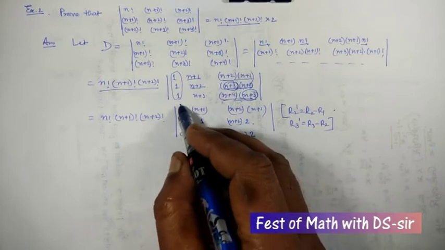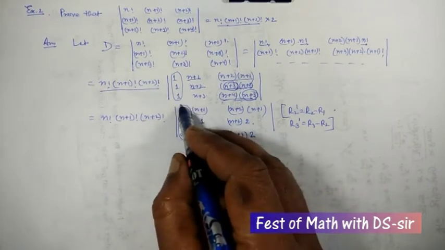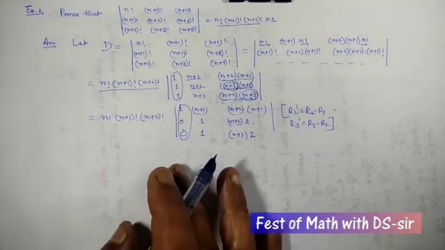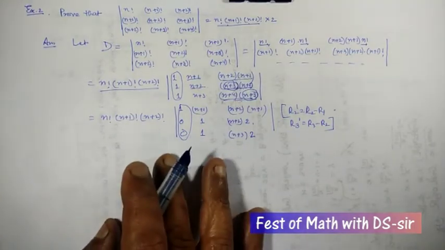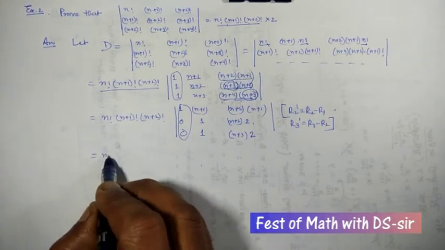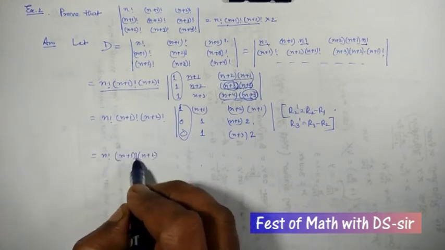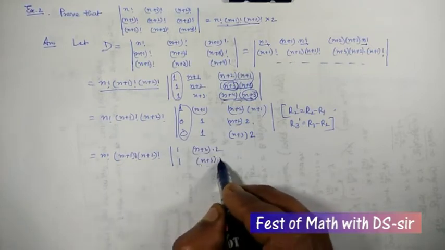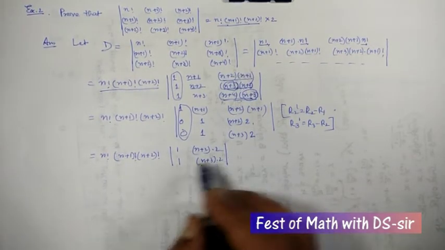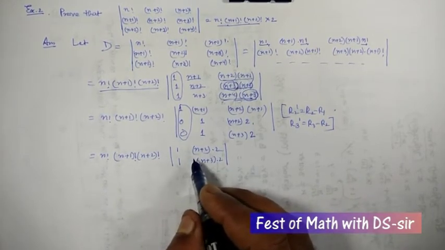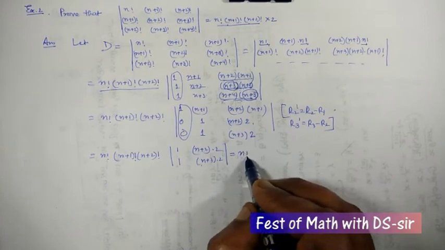Now see, this column becomes 1, 0, 0. So I can simply expand it with respect to the first column. That gives me, now I will just expand it because it is of second order.